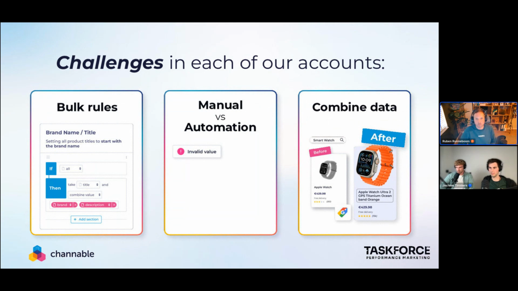For example, setting all product titles to start with a brand name, or removing certain characters across all product descriptions. Bulk rules let you apply one consistent transformation or filter to the entire feed in one go. They are perfect when you want to standardize data, enforce your structure, or apply a universal logic. However, these rules have limitations when a feed is inconsistent or when important attributes are missing. Lookup tables can solve some issues, but they are not scalable, of course.